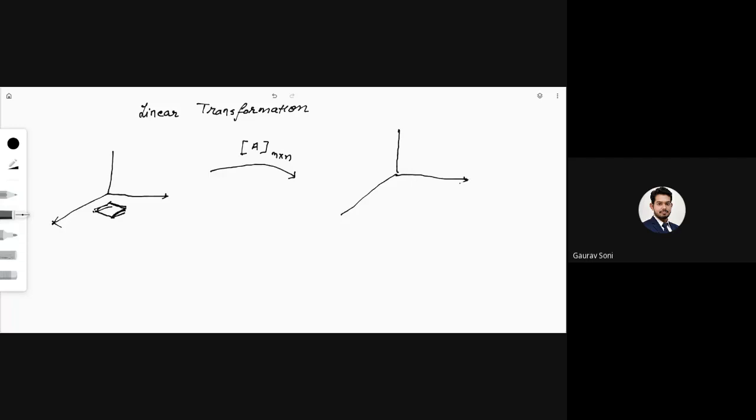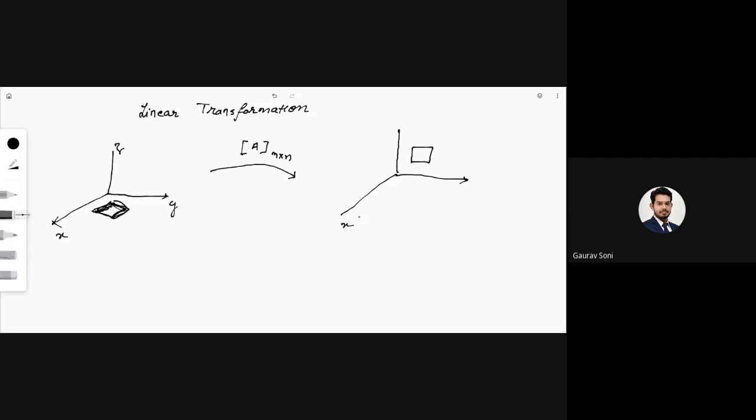In the three-dimensional space, the matrix A will be applied to the square which is on the ground too. So it may happen that after the transformation, the square which is on the xy plane, so z, we will get a square over here.